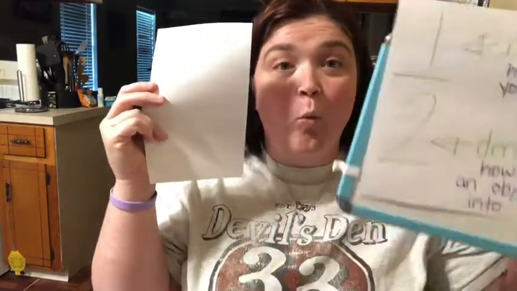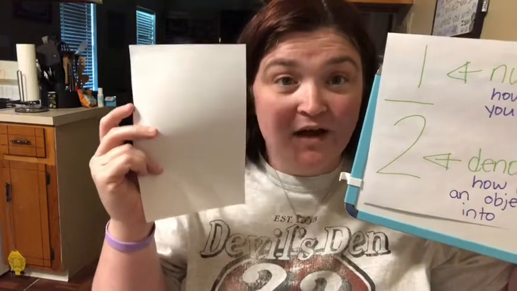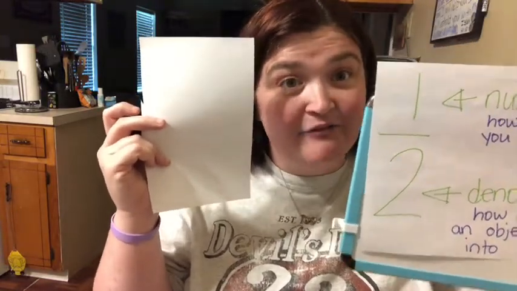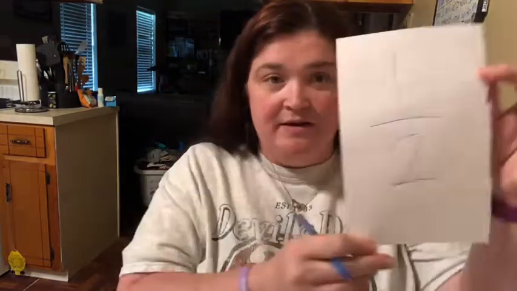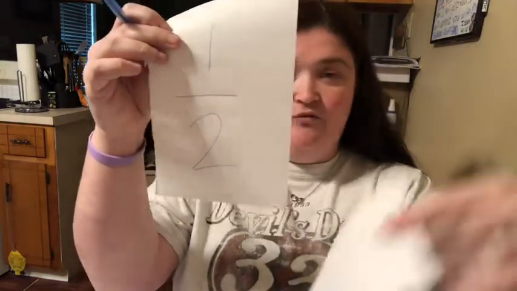But if I'm only holding 1 piece, then I'm holding 1/2 of a piece of paper. A half of a piece of paper. So then I could write on it and say, here is 1/2. And guess what? Here's the other half.